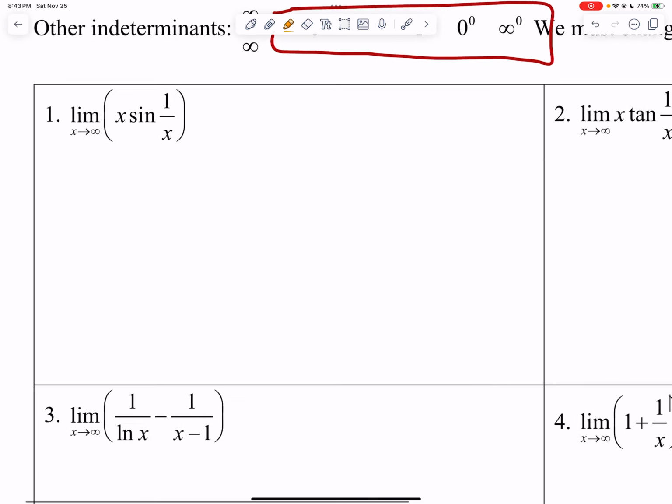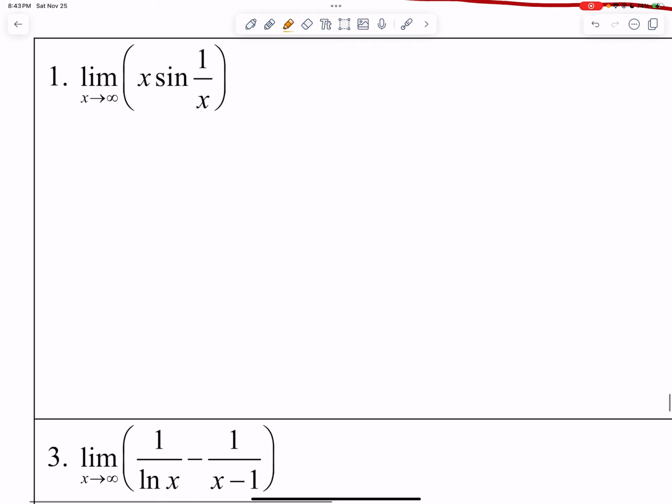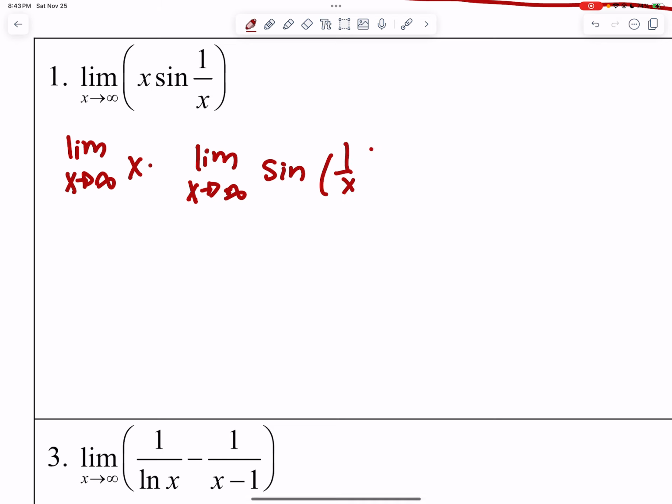So here we have the limit as x approaches infinity of x sine of 1 over x. Now, if I were to break this up into two limits right here, we have the limit as x approaches infinity of x, which is just going to be infinity. And then we have the limit as x approaches infinity of sine of 1 over x.